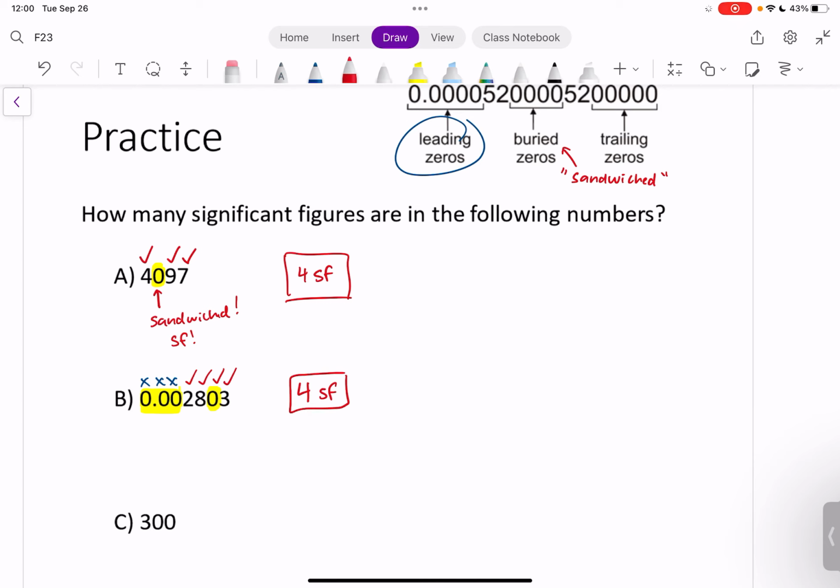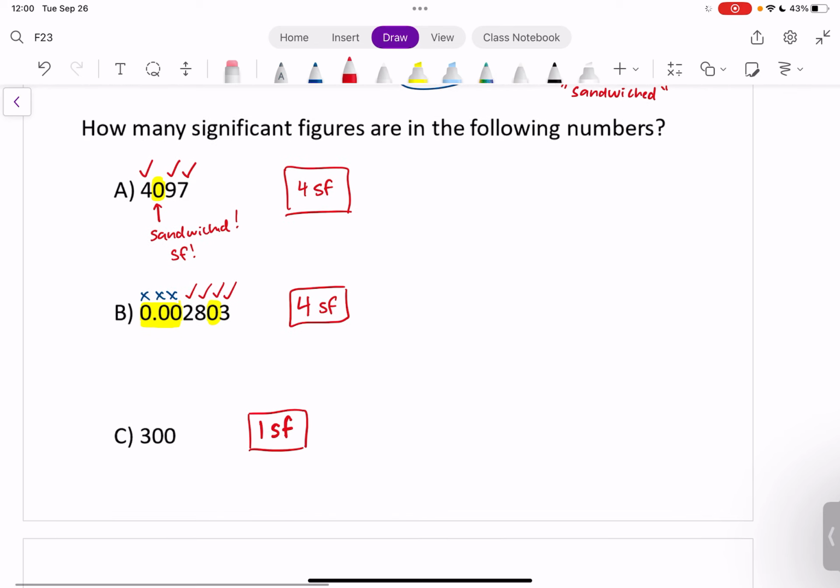All right, and then what about 300 here? How many sig figs? So it's a little weird. There's only 1. Why is there only 1 sig fig here? Yeah, we don't have a decimal point. So let's take a look at this. So 300, just as it is right now, our 3 here is significant.